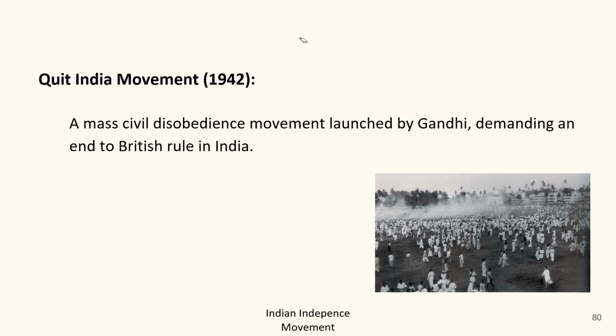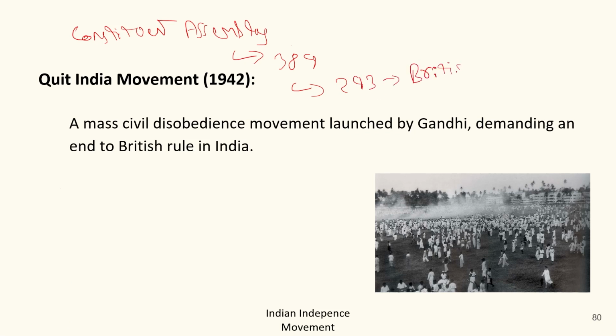They would have a constituent assembly to make their own constitution, and the constituent assembly, which would be responsible for the making of the constitution, had 389 members, out of which 293 were coming from British India, the territories which were under the British, by election, and 93 were from, sorry, 92 through princely states.